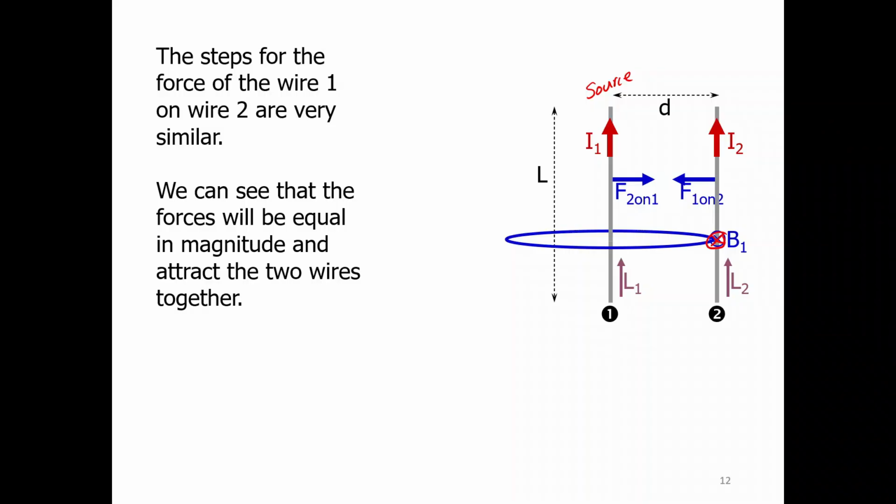We're going to go through the same process because that magnetic field for 1 is going to be the same. It's going to be mu naught I1 over 2 pi d because the radius here is equal to d.